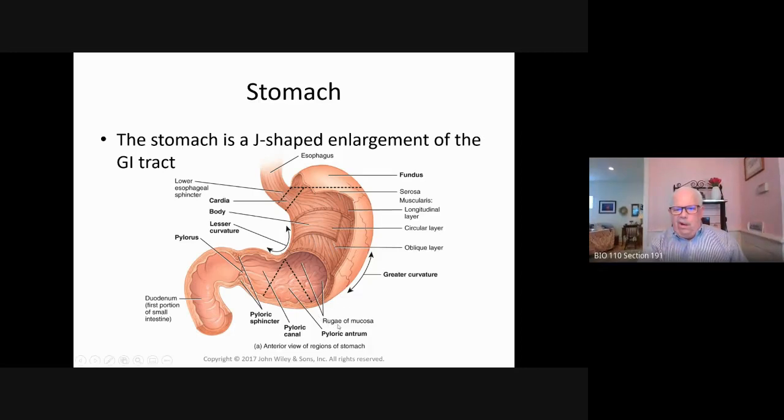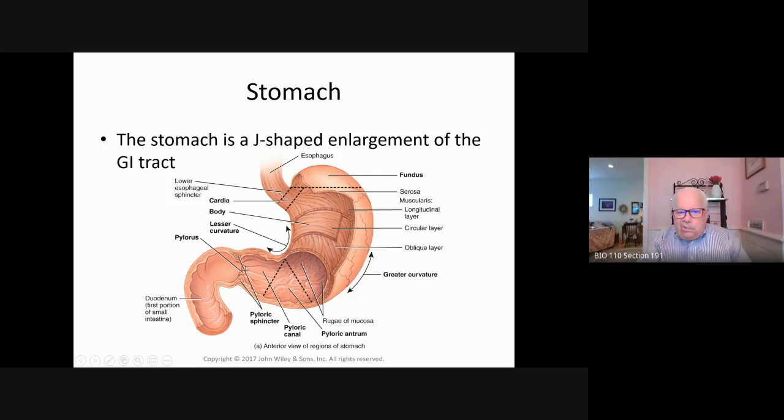So it will enlarge, giving you more surface area, and that is known as rugae, the folds of the stomach that allow more food and digestion to take place. So it goes into the fundus, into the cardia, into the body, and out through the pylorus. The pylorus is the distal end of the stomach.